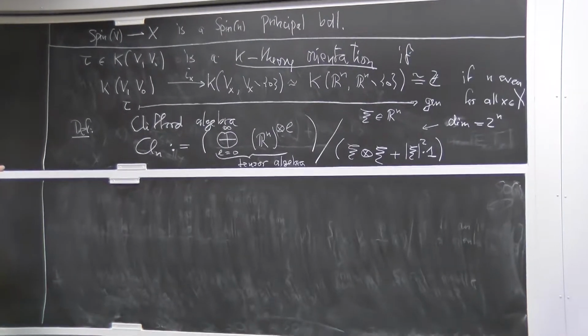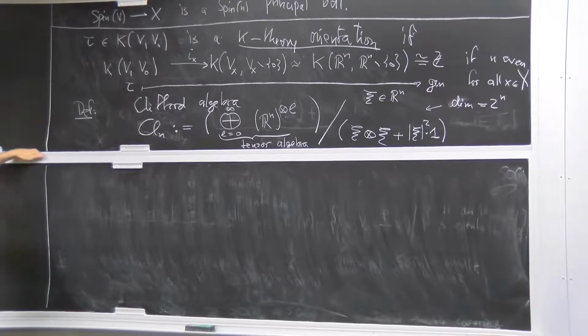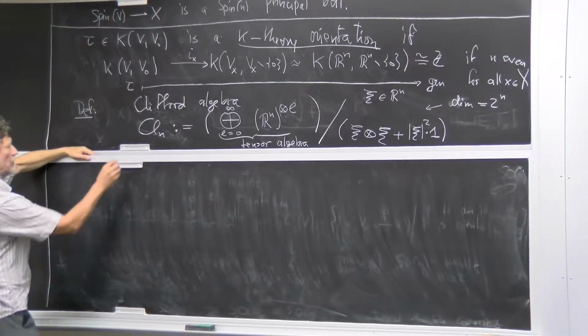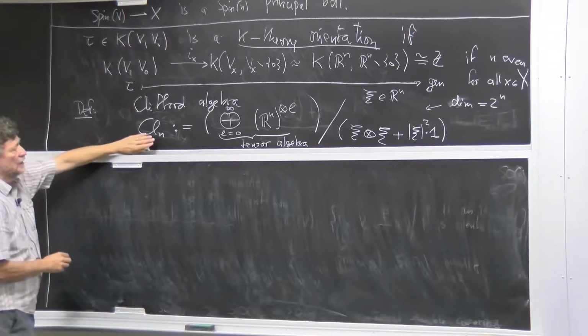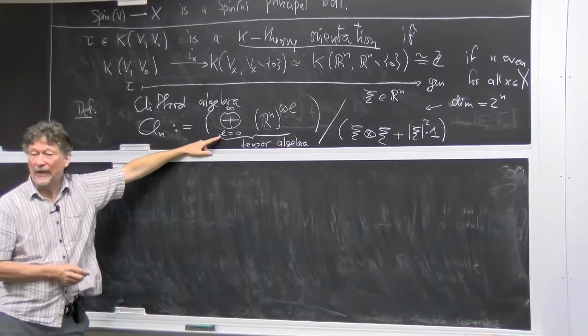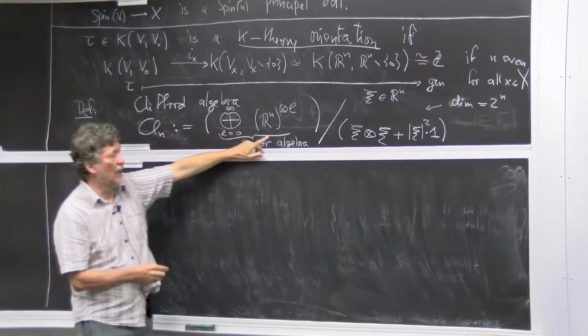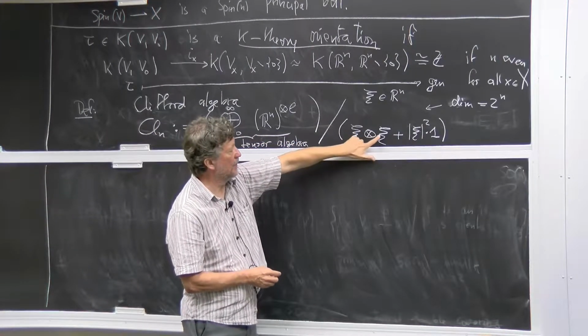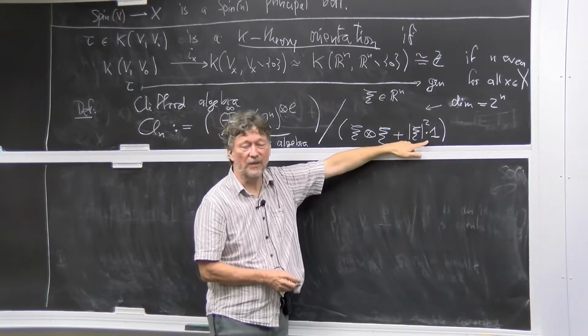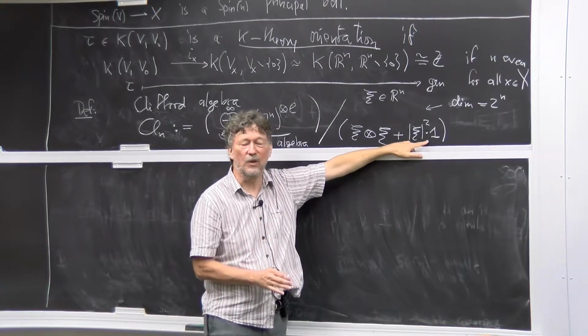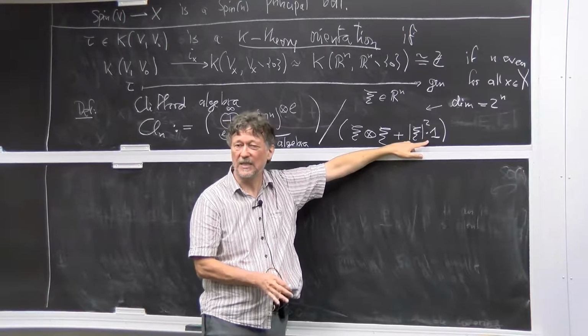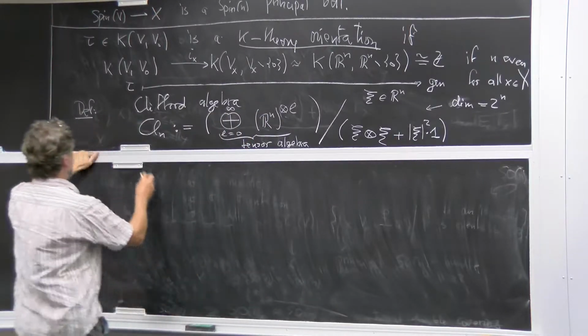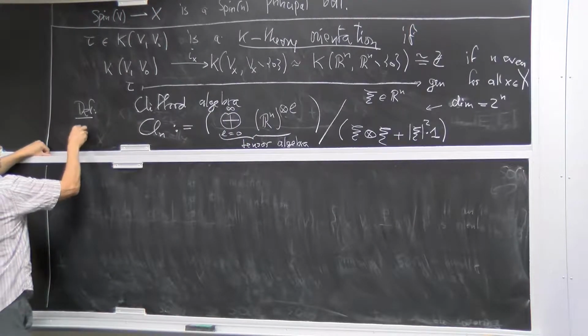Okay. So what is the structure that you have here? Well, the tensor algebra is a Z-graded algebra. Now here we mod out by an ideal that is something of degree 2 and something of degree 0. So the quotient is no longer Z-graded, but it still is Z2 graded. So this is a Z2 graded algebra.